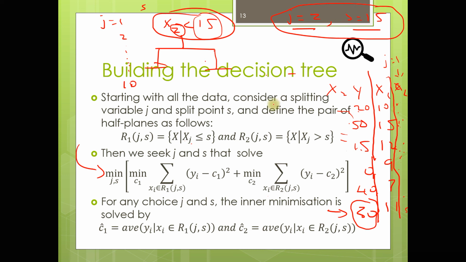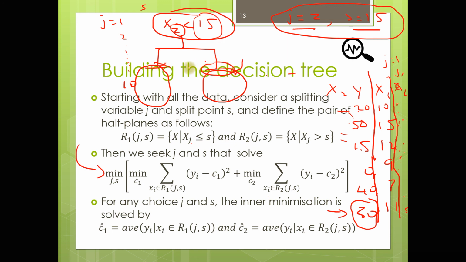The smaller data set means you will have to repeat the same thing that you've just done, but with the smaller part of the data set, that is for all values of x2 less than 15. And for all values of x2 greater than 15, you will repeat that procedure as well.